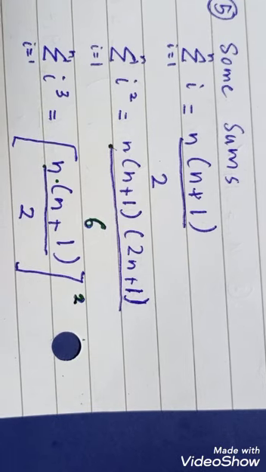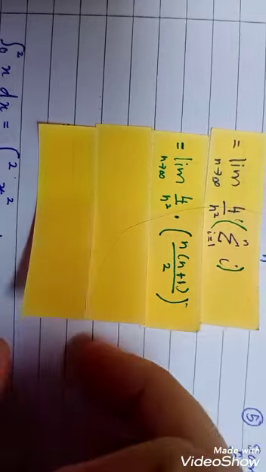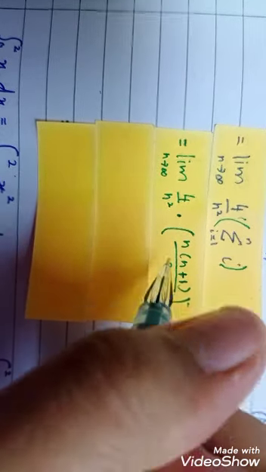Okay, so the limit as n approaches infinity of 4 over n squared times n times (n plus 1) over 2.